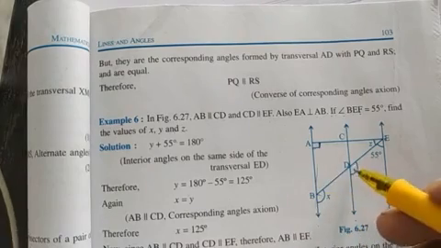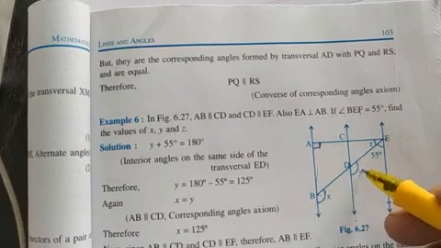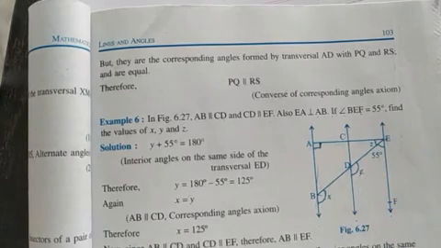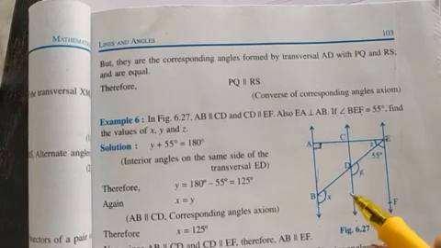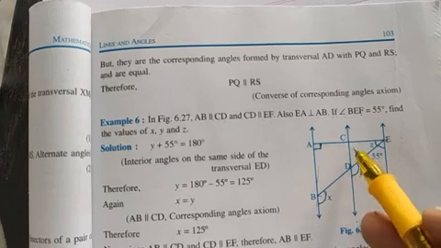When BD works as a transversal, this angle x and this angle y are both corresponding angles. And because given lines are parallel, corresponding angles are equal, which means x is equal to y. Is it clear? Now come to the next part.